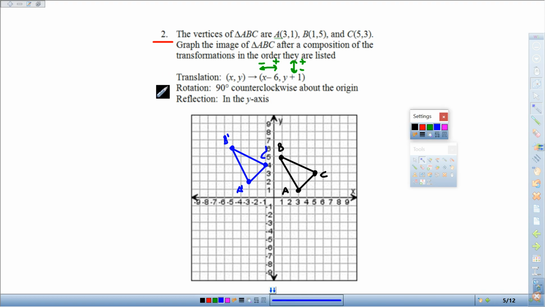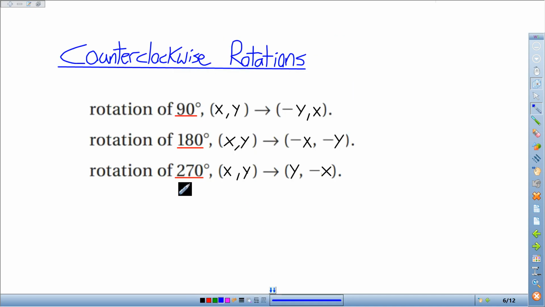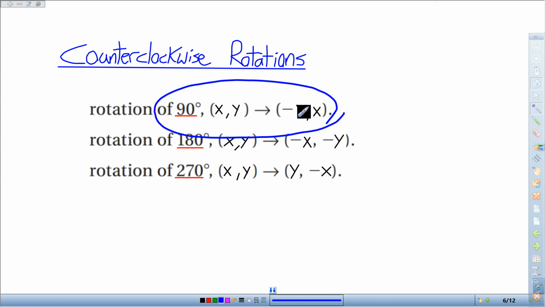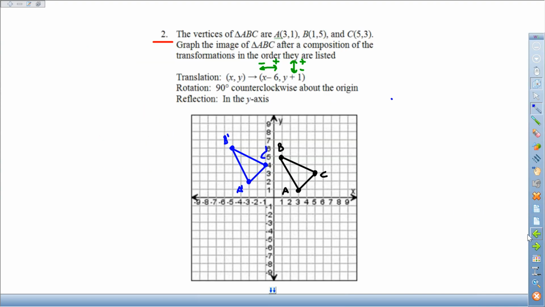Okay, next thing they want me to do is a rotation of 90 degrees counterclockwise. This should be in your notes, but a quick reminder, here's our rotation rules. Here's a 90 degree. Our (x, y) is turning into (negative y, x). Flip-flopping the numbers and changing the y value. Here's the big thing though. What is being rotated? Well, when we do these compositions, we're always doing our next transformation to our newest shape.